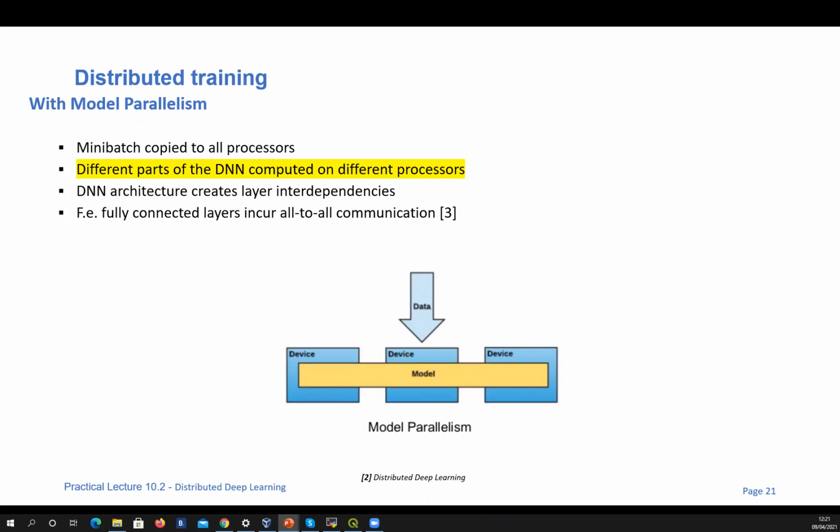So there is another way of distributing your training, and it's different from data parallelism, and it's called model parallelism. In this way, you don't split data, different chunks of data, among the devices.